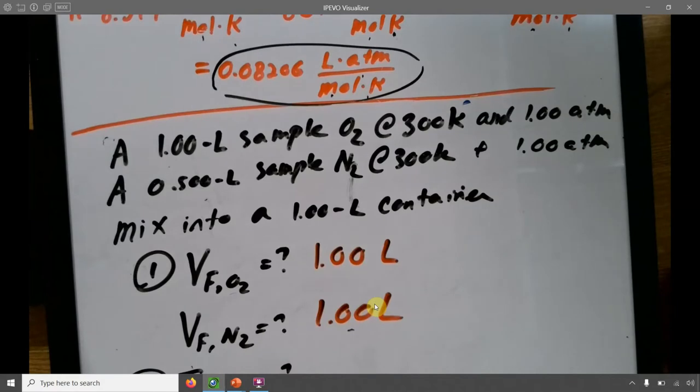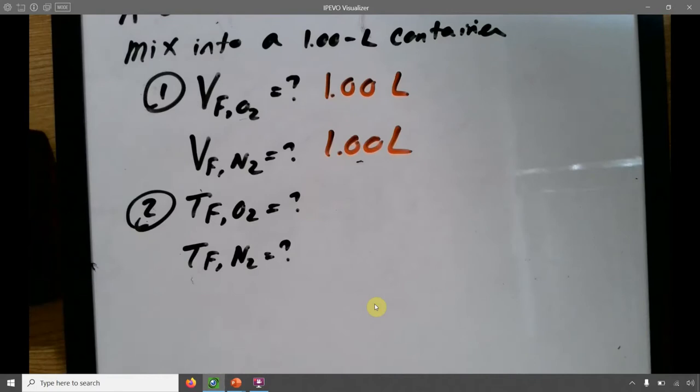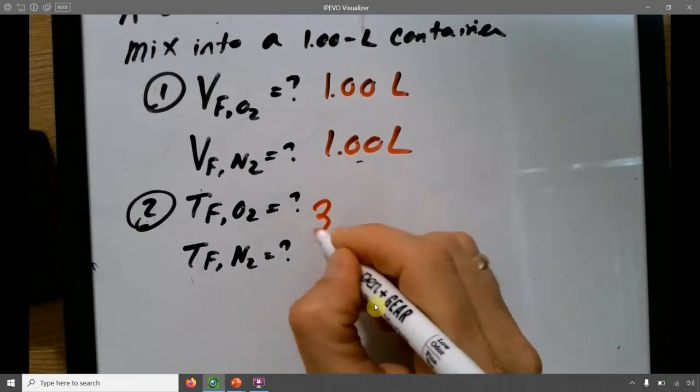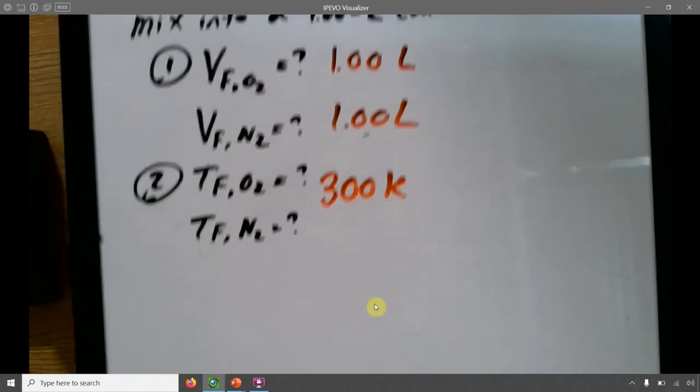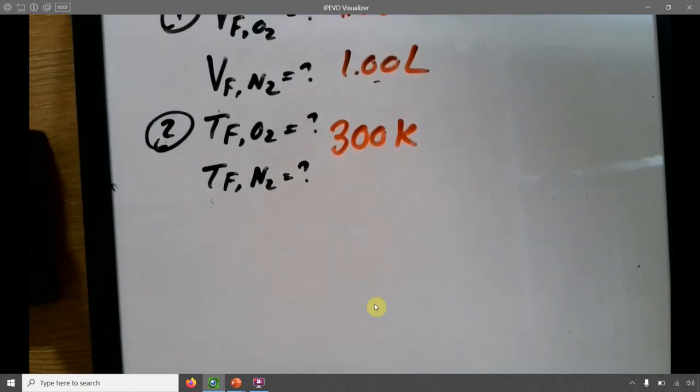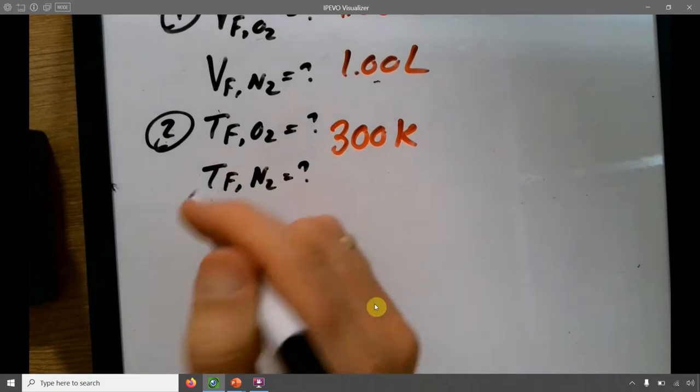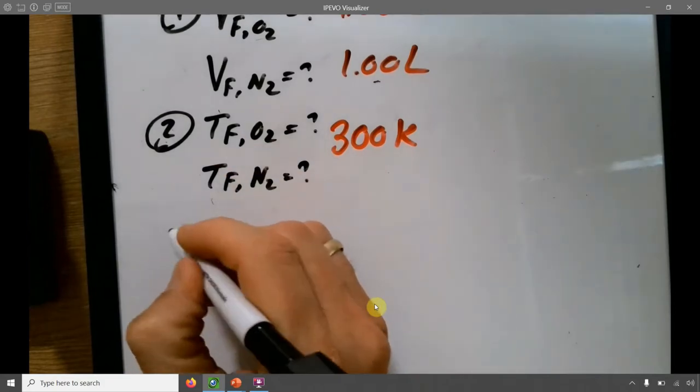Nothing happened, so they should stay at 300 K. Now, from a thermodynamic point of view, is that true? No, it is not true. But I won't worry you here in this course. When you take thermodynamics, you will see this thing called heat of mixing, and it messes around with volumes and temperatures and pressures and everything like that.